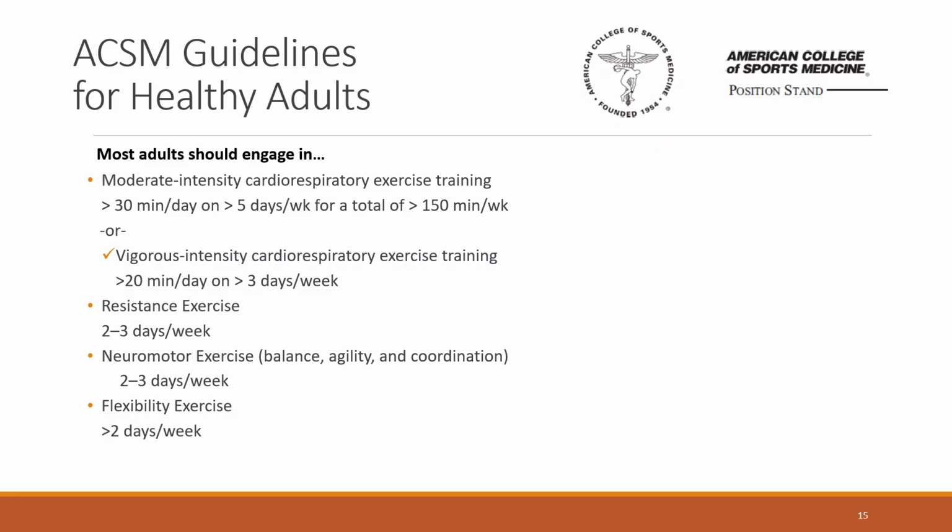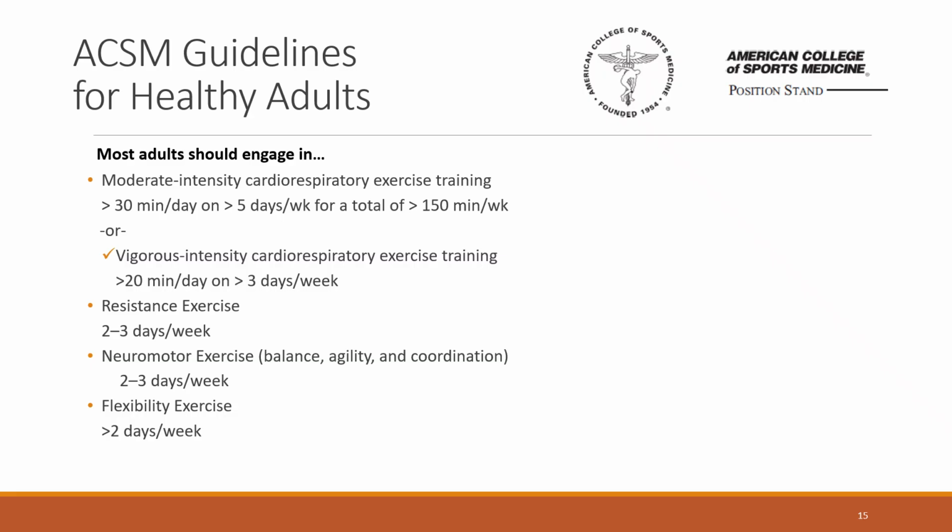So maybe you do one HIIT workout one day, and maybe you don't have to work out for another 2 days, right? So the intensity depending. Vigorous intensity being 60% or higher of your heart rate reserve, then you don't have to do it as often. But if you exercise at a moderate intensity, less than 60% of VO2 max, then you need to do it more often.